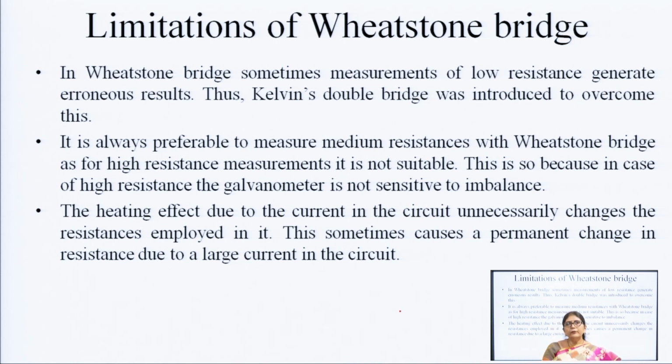So, low value of resistance is not measured by it. Similarly, the Wheatstone bridge is not suitable for high resistance measurement, because the galvanometer is not very sensitive for high resistance. And due to the change in temperature, due to the heating effect, sometimes the values of the standard resistances of the Wheatstone bridge change. So, these are the limitations of the Wheatstone bridge.